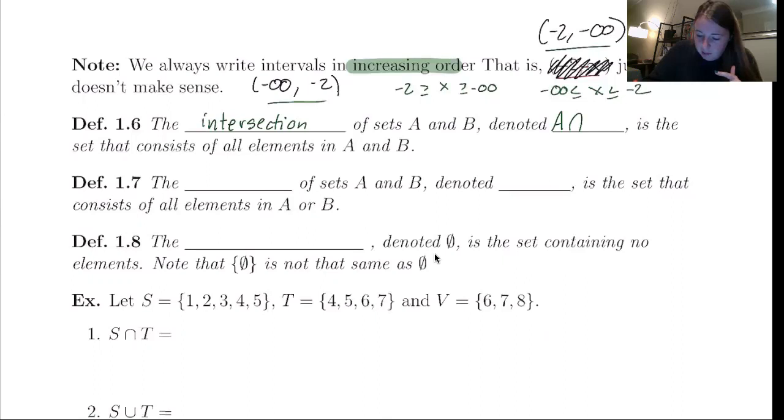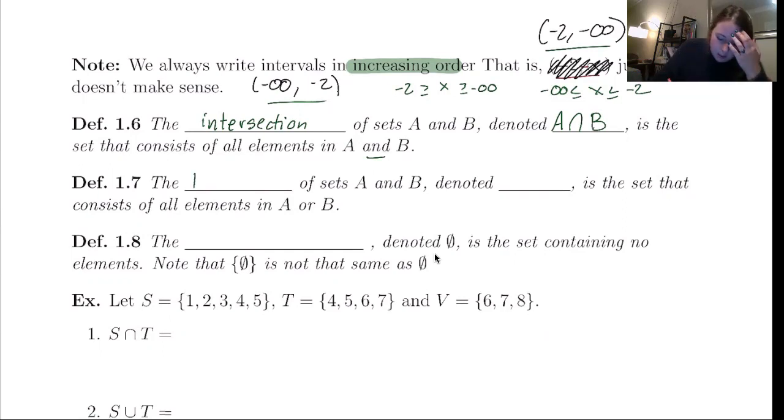So A cap B is the set that consists of all elements in A and B. I don't know why it's called a cap. So it's all the elements that are in A and B. So it has to be in both of them. So what's in common? Sometimes we don't have anything in common, and we'll talk about that in case.